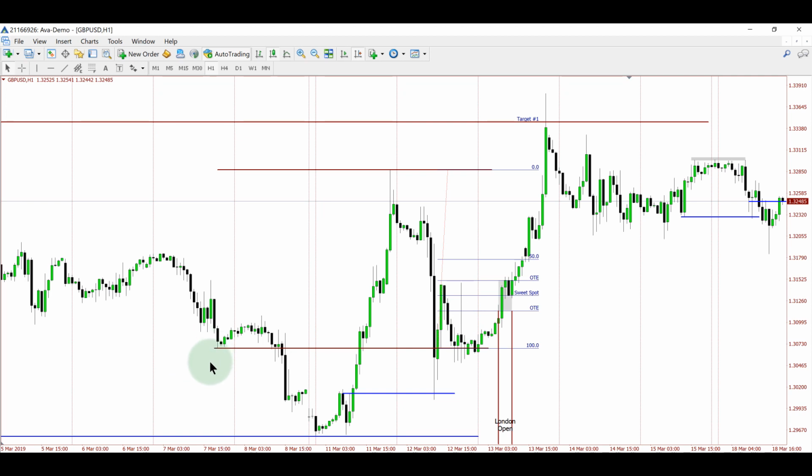This same low, you always want to have previous day's highs and lows in the last 3 days on your chart. For instance, right now we're on the 18th of March. Okay, so you want to look back 3 days. 1, 2, 3. So this day here on the 13th, that's how much you want to look back for previous day's highs and lows, because that's where the fractal swing highs and lows will form.